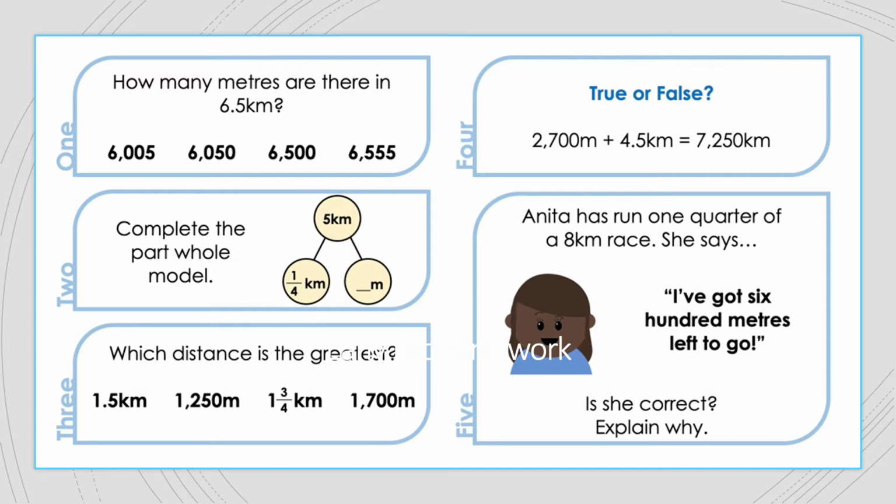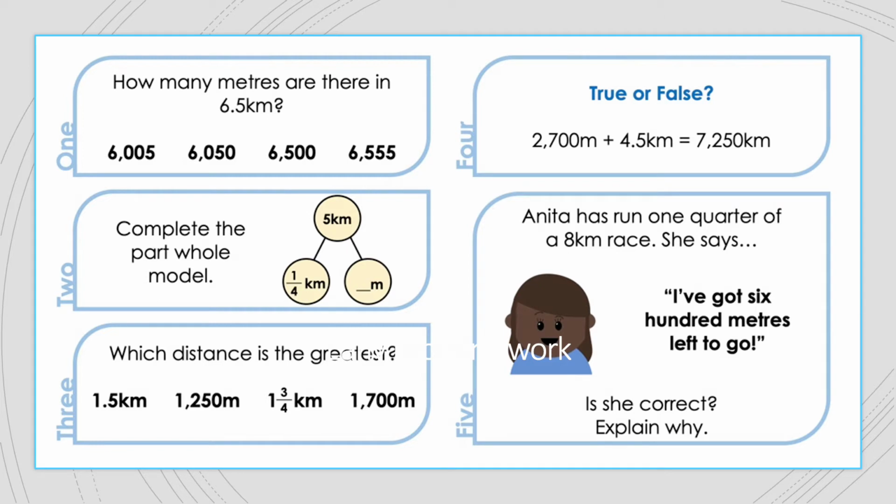So you've got 2,700 metres at 4.5 kilometres. So how many metres are in 4 kilometres? And how many in 0.5 kilometres? Add them together and have a look. Is that right?